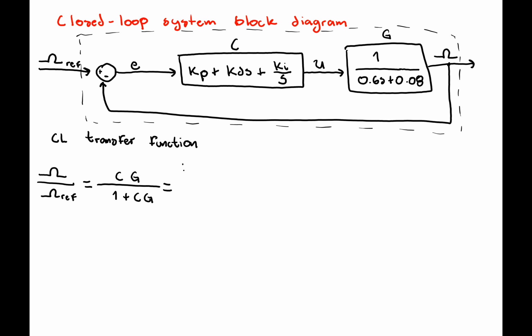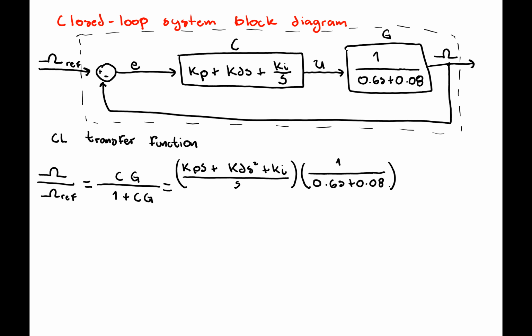So I'm going to do Kp s plus Kd s square plus Ki over s, times 1 over 0.6 s plus 0.08.